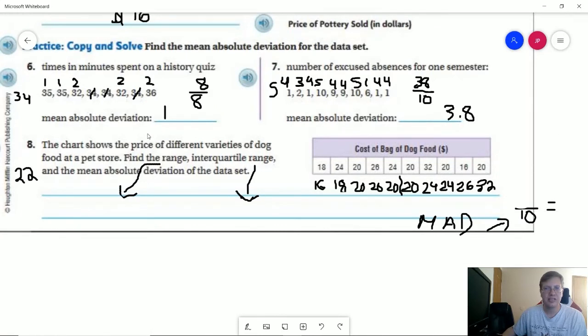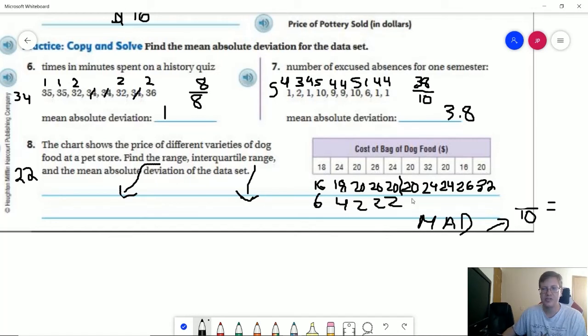Let's see. So for number 8, we are working with a mean of 22. And so if I want to go ahead and find my values to get the mean absolute deviation going, that would give me 6 plus 4 plus 2 plus 2 plus 2 plus 2 plus 2 plus 2 plus 4 plus 10.